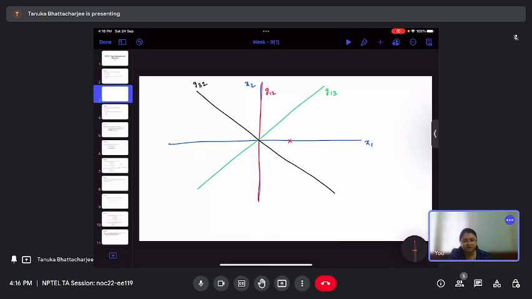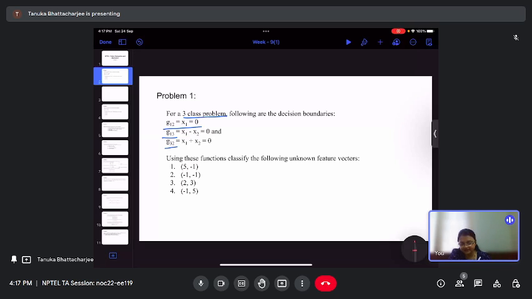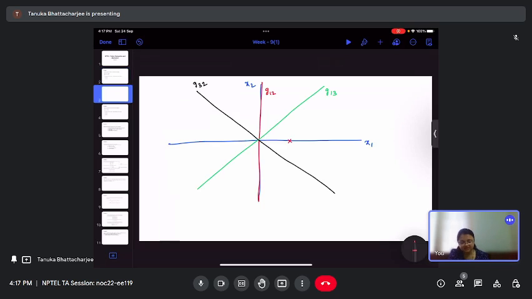If you put this value in the equation of G12, which is x1, you get a positive value. So the right side of G12 is the positive side and the left side is the negative side. If the value of G12 evaluated at a point on the right side is computed, it gives a positive value, and a positive value means that part is class 1, or omega 1.